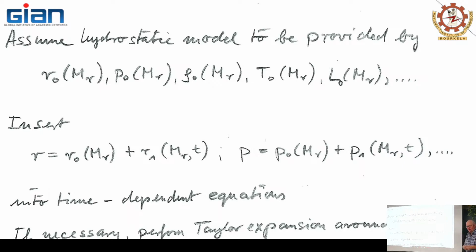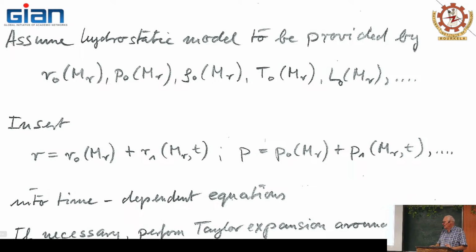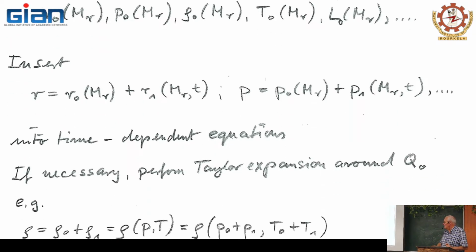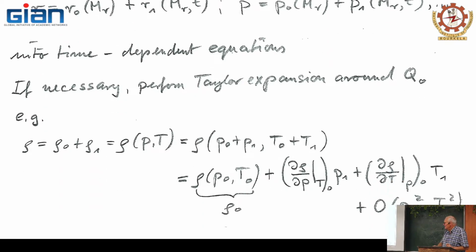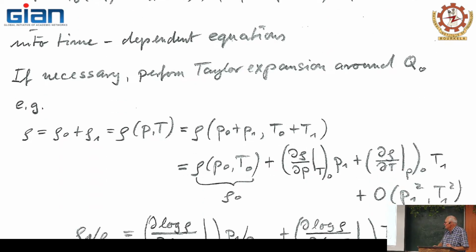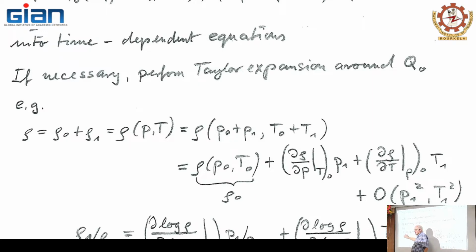If necessary, we have to perform a Taylor expansion around the hydrostatic or the stationary values. Let's here do it as an example for the density. That might be more instructive than the linearization I have shown you in detail before. So we write the density as rho naught plus rho 1, split into the hydrostatic and the perturbation part.